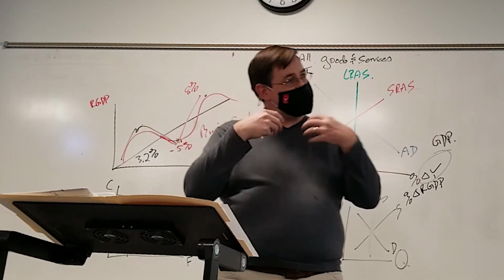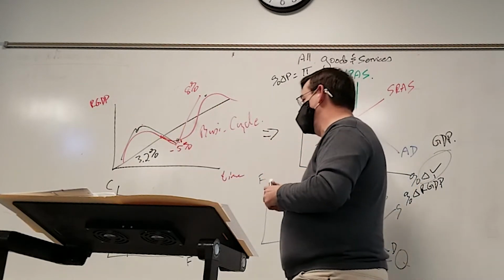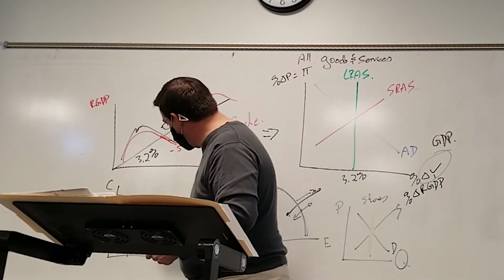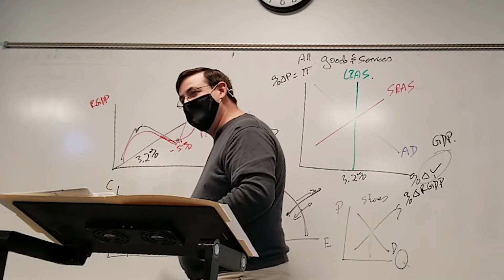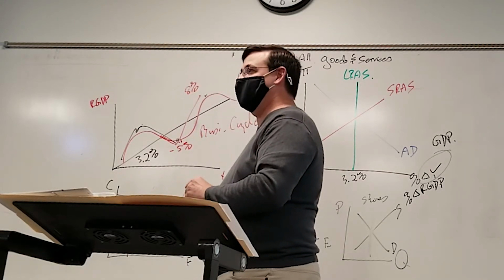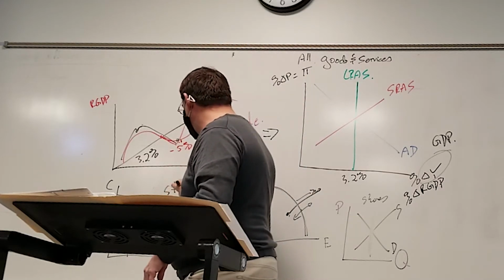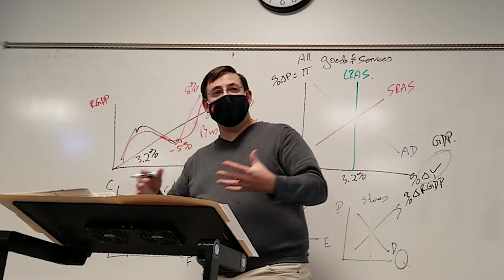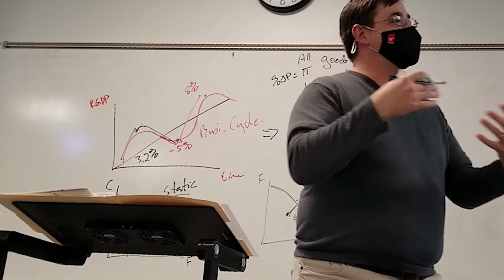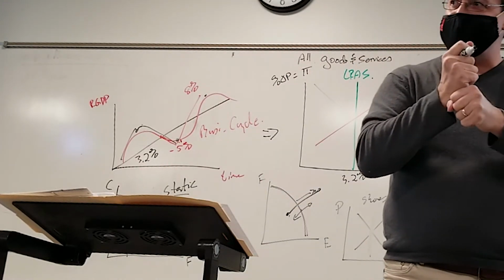And your overall personal satisfaction is relatively similar. So this line is describing the long run, sustainable amount of output. However, this is static. It's talking about the maximum sustainable level of output at one point in time.